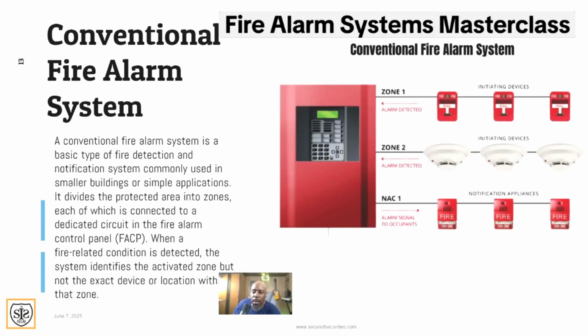So here's a fire alarm system. Let's say for argument this is a 2-zone system with one NAC. You will have all of your pull stations on one zone with an end of line resistor, so it can supervise that zone, and you will have another zone with all your smoke detectors with an end of line resistor.